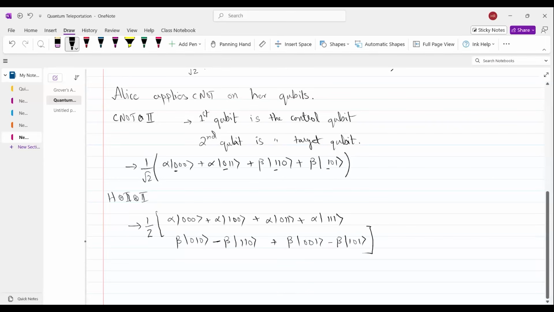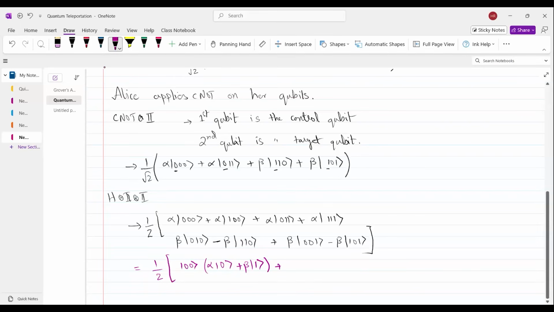Okay. So we can rearrange that, and we see that we can take 00, Alice's qubits, out. So we get alpha 0 plus beta 1.